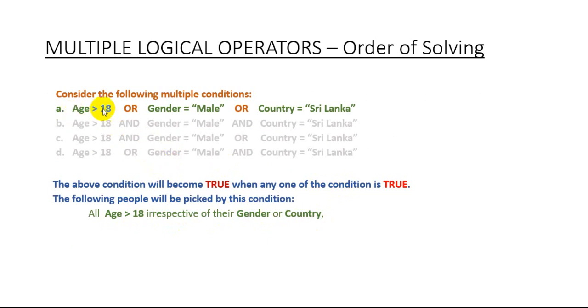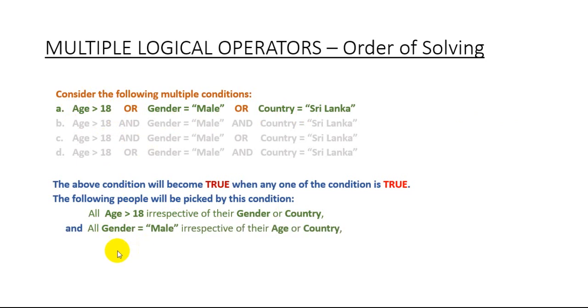Even though you are including gender and country here, since you joined it with OR, this will pick up everybody who is greater than 18, even females, and countries like India or Pakistan or any other country, as long as they are greater than 18. That is one set.